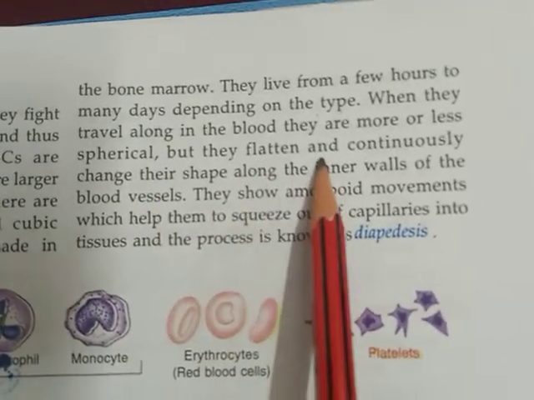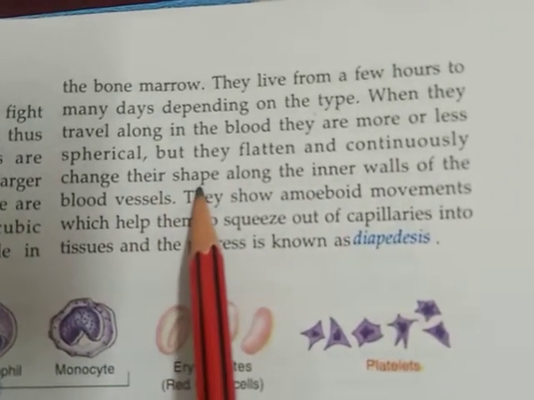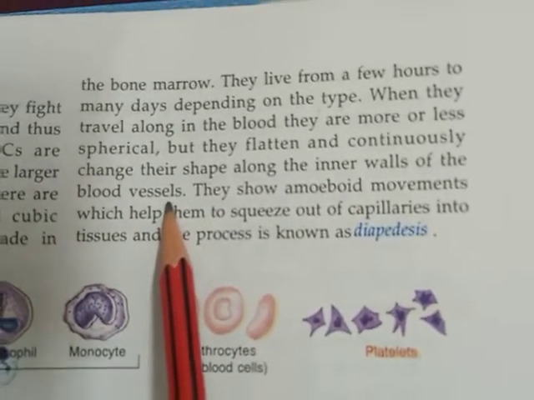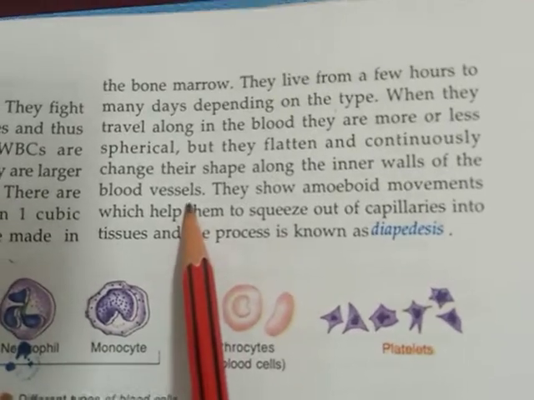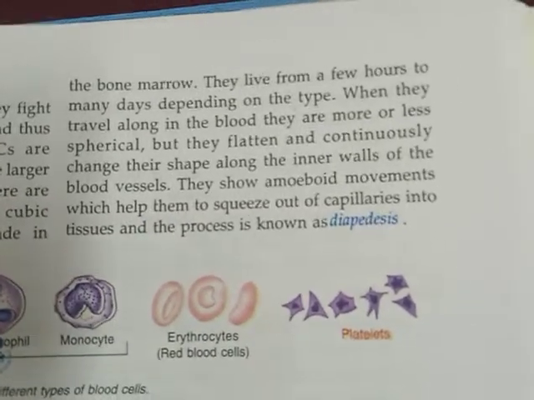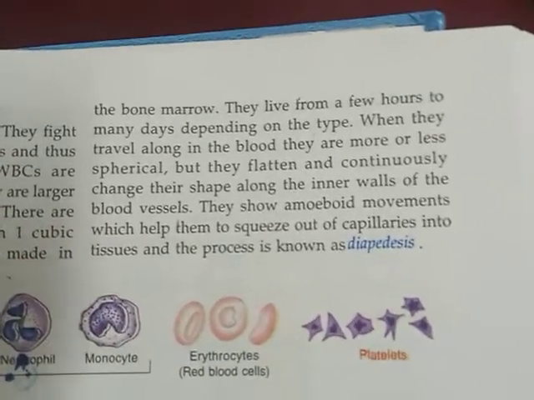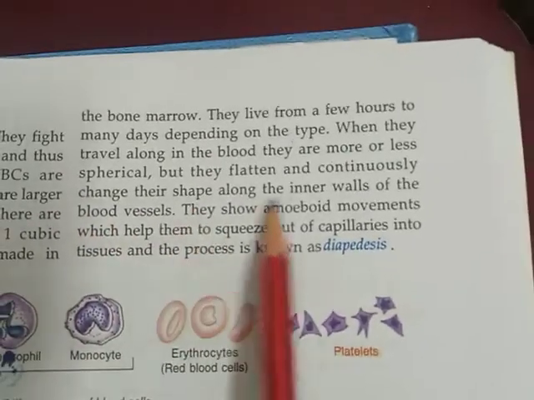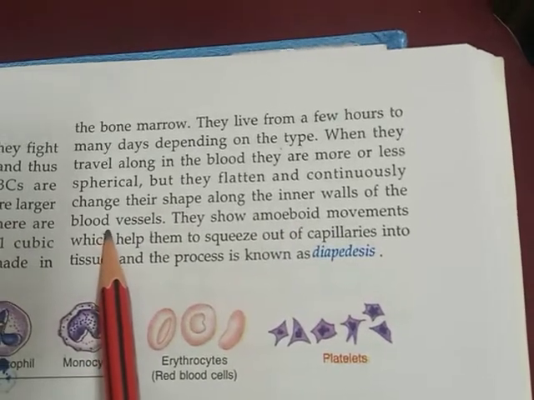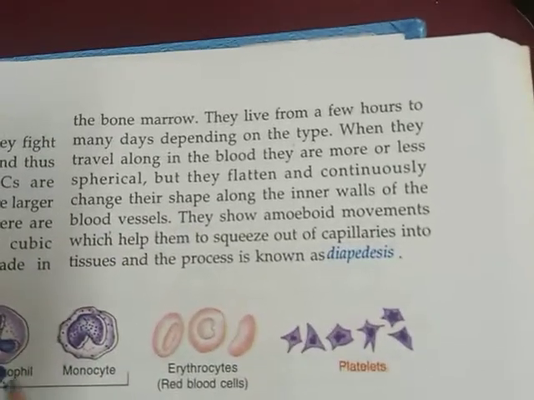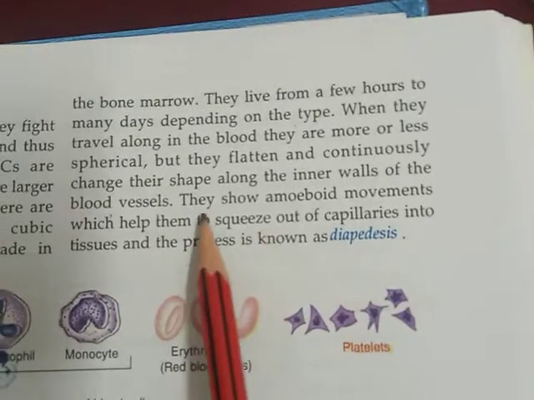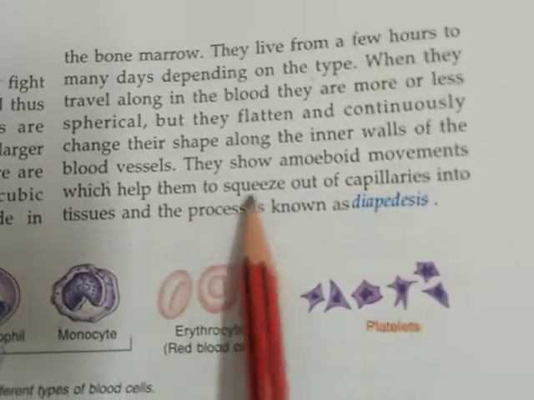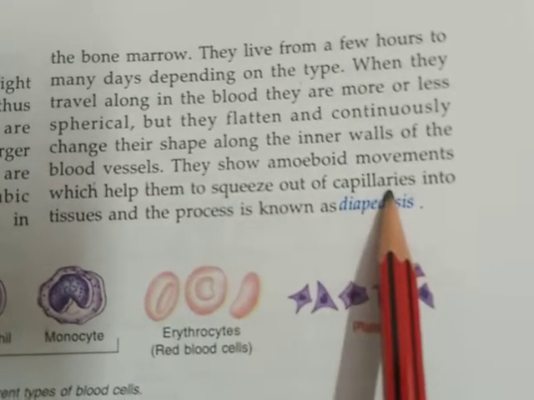But they flatten and continuously change their shape along the inner walls of the blood vessels. As you all know, children, the blood flows in the blood vessels, and these WBCs are present in the blood or in the plasma. When this blood flows in the blood vessels, what happens? They change their shape. They show amoeboid movement which helps them to squeeze out of the capillaries.